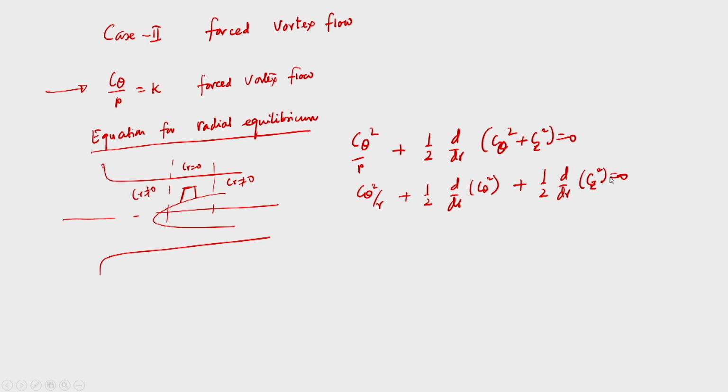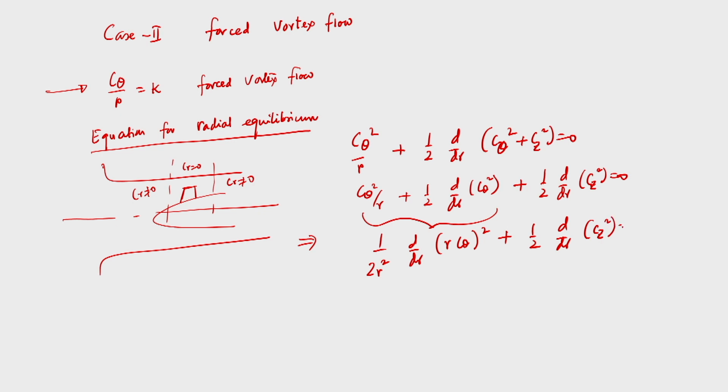Now I can write the first two terms in the form 1 by 2 r square d/dr of (r c theta) whole square plus half d/dr of cz square equal to 0. So the first two terms can be clubbed together.